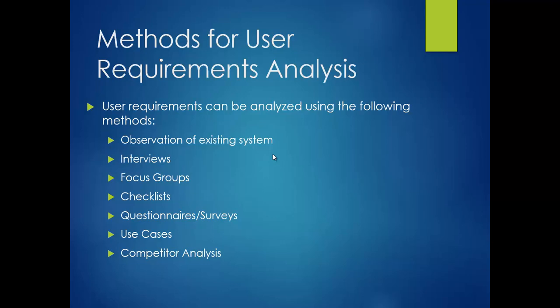We can do questionnaires or surveys. We can do use case studies. We can look at other competitors and analyze what they have in their system, and then either copy or make better functionalities or attributes, properties, and characteristics.